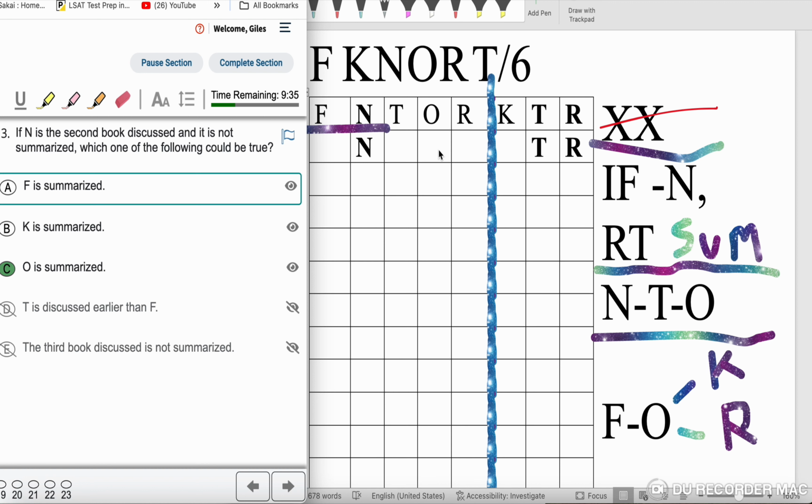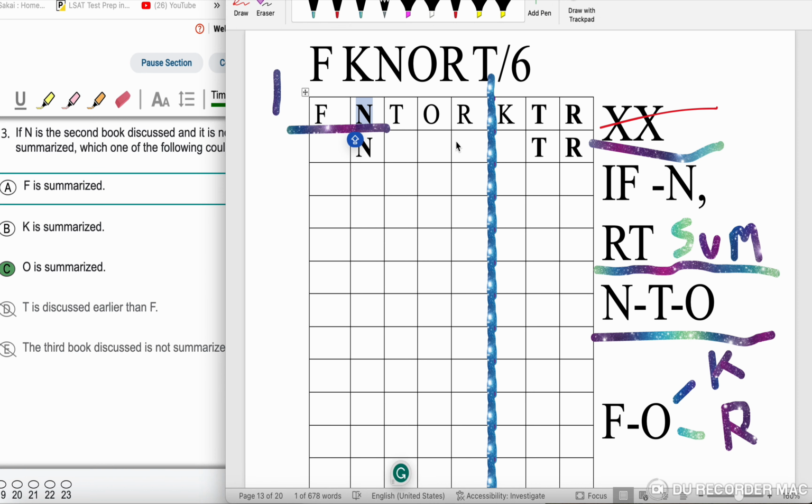To continue this question, we already know that if N is not summarized, then automatically R has to be summarized, and in addition, T has to be summarized. We also know one more thing: since T and R are going to be summarized, no two summarized books can be consecutive.